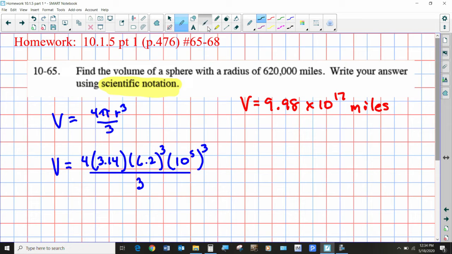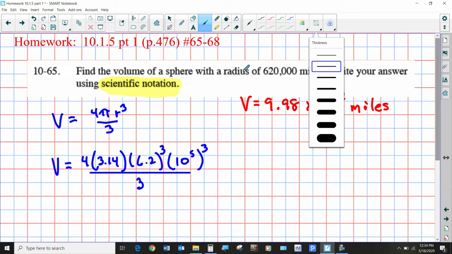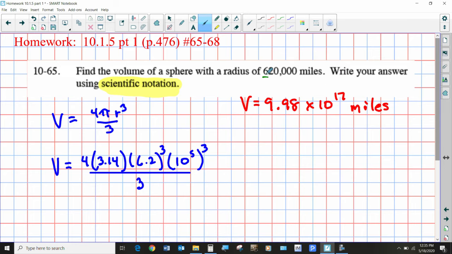But this is a problem where it might be a good idea actually to use your scientific notation. Since this is in the 100,000ths place, that's going to mean that the radius is 6.2 times 10 to the 5th power. So that quantity is the radius which gets cubed, which means it's going to be 6.2 cubed times 10 to the 5th cubed again to make that 10 to the 15th.